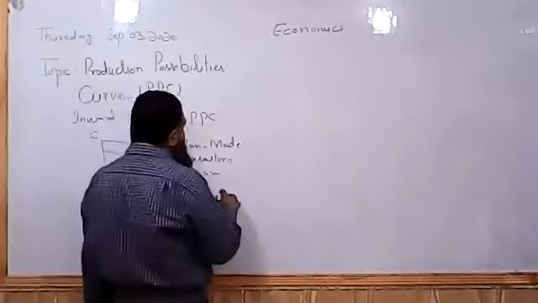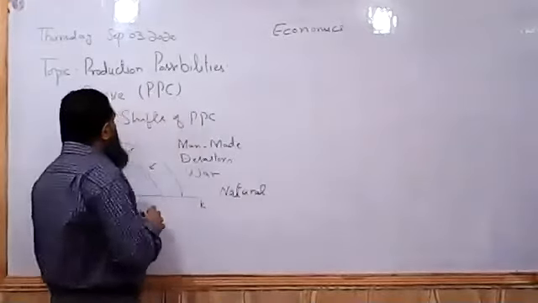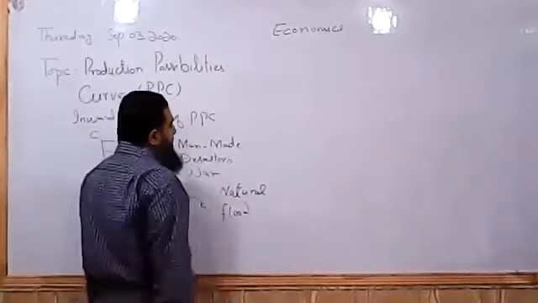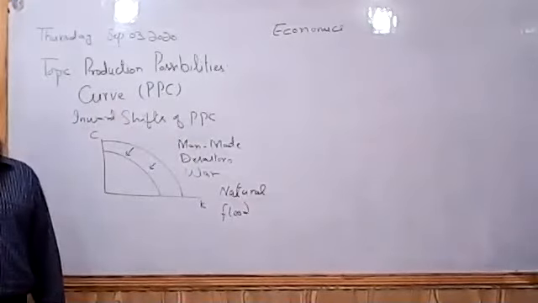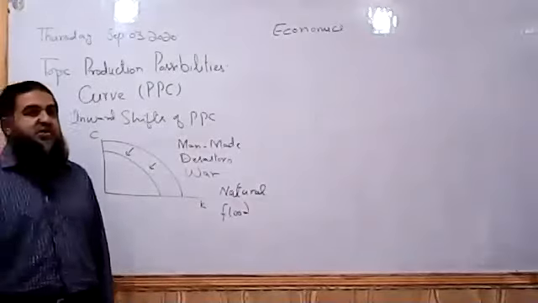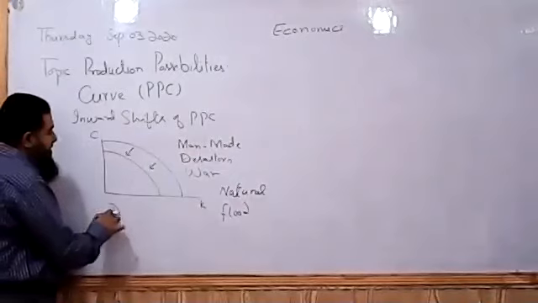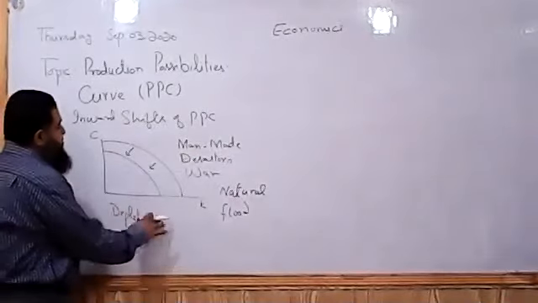So what is a natural disaster? Like a flood or an earthquake. All these natural disasters also decrease the potential of a country; the resources of the country will be destroyed. So when resources are destroyed or depleted, what does that mean?